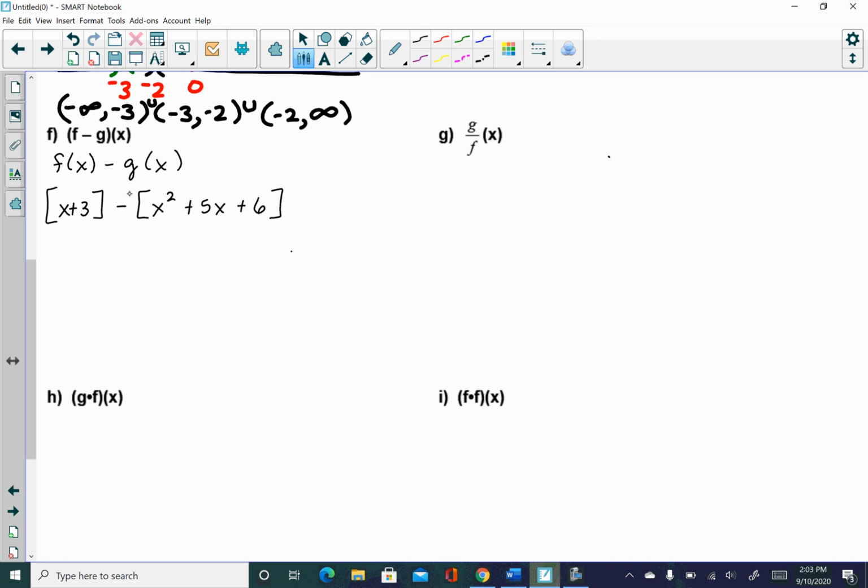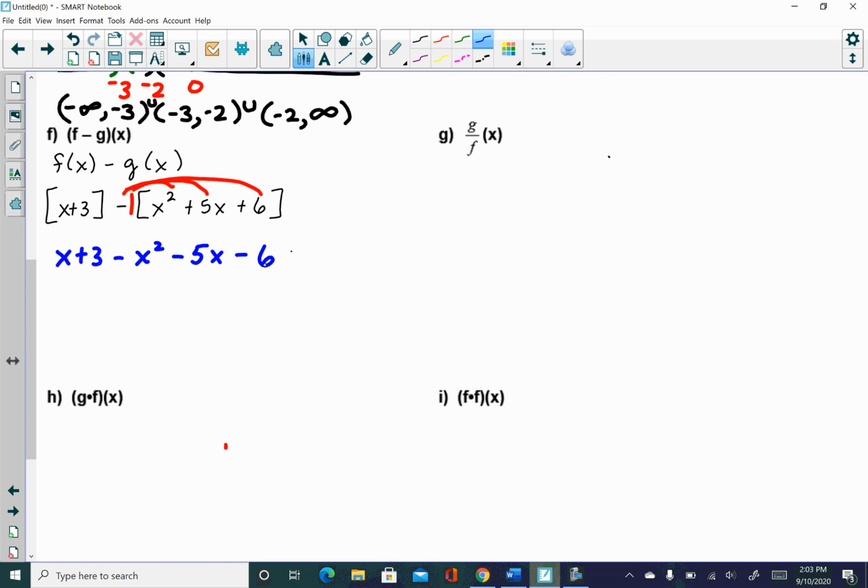It's super important, especially with the subtraction sign, that you use the bracket, because remember, that minus sign sitting out here is like a -1 that now has to be distributed to every term in that bracket, okay? So what happens now is that I bring down the x plus 3. I can't do any combining. Take that -1 and distribute it. So you have minus x squared minus 5x minus 6.